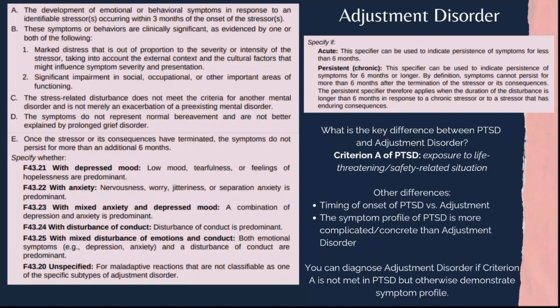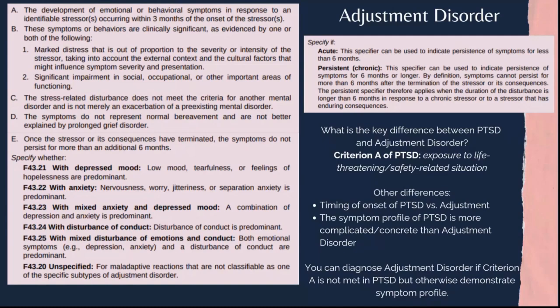So adjustment disorder, we've talked about this a little bit, but what we know is that this can be a placeholder for other disorders depending on the timing, and the intensity and severity of symptoms. Just to reiterate, this is diagnosed when there's a development of behavioral or emotional symptoms in response to some identifiable stressor, occurring within 3 months of the onset of that stressor.